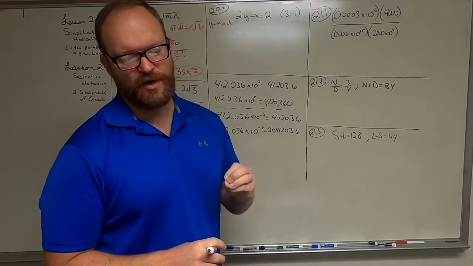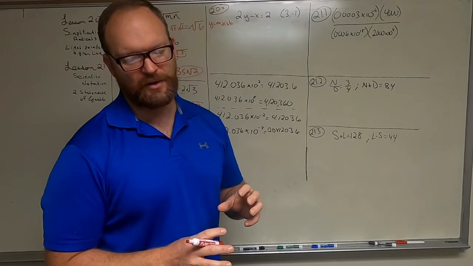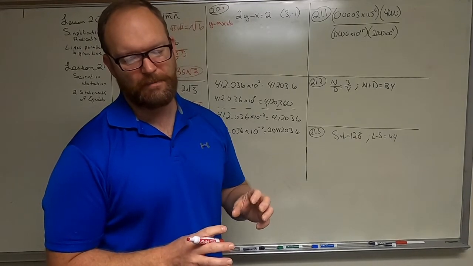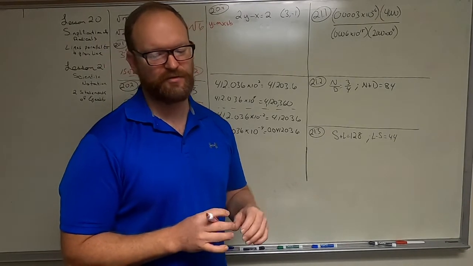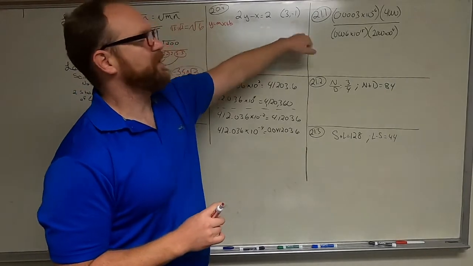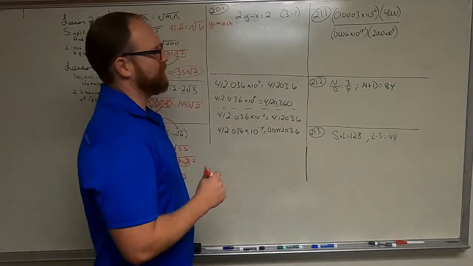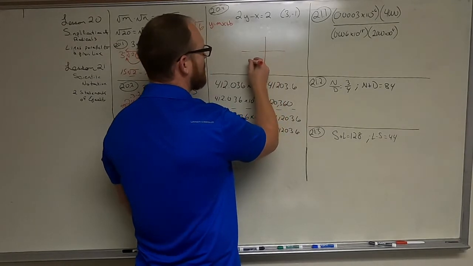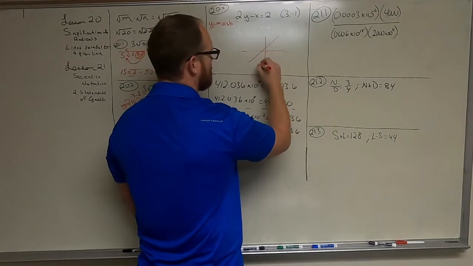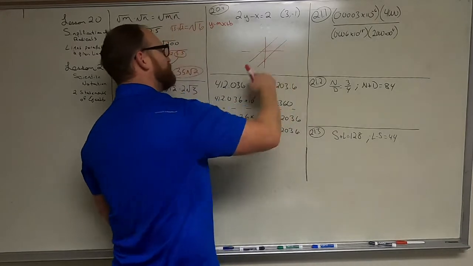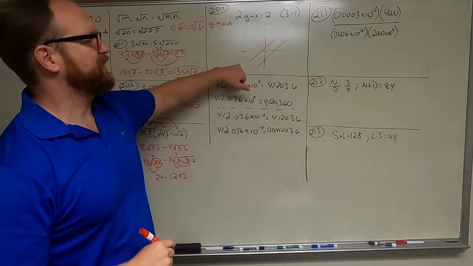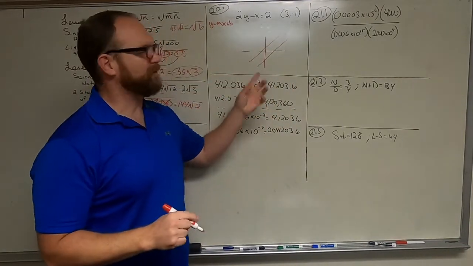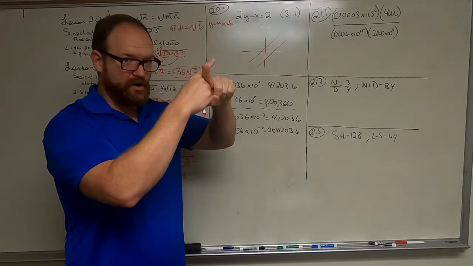It says find the equation of a line that is parallel to a line 2y minus x equals 2 and passes through this point. Now let's get the idea of a parallel line first. So if we had a Cartesian plane here, and we had a line on that plane, and then we had another line here. This line is parallel to this line. That means, although they may not look it, they're never going to cross ever.